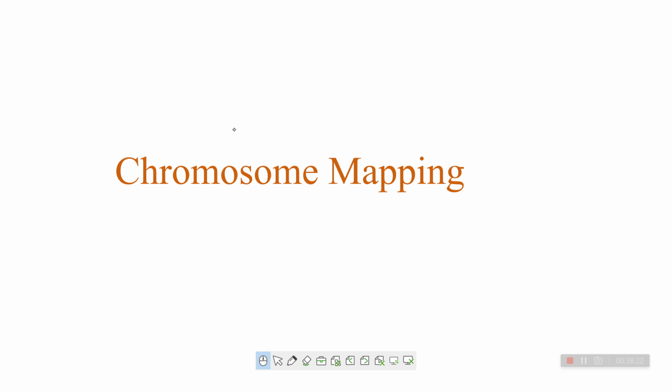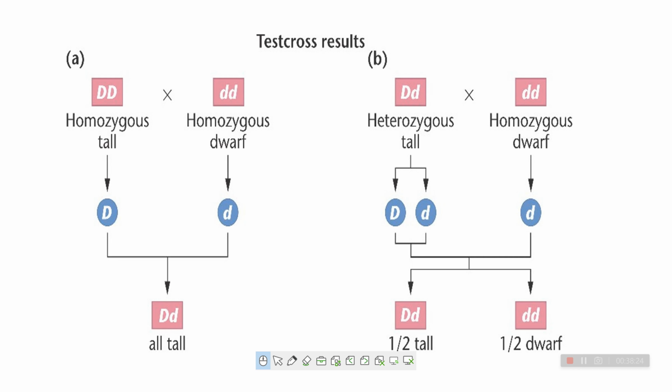This is a homozygous tall, this is a homozygous tall, this is homozygous dwarf. When we cross these, the heterozygous tall will be formed. You want to determine the genotype of this tall. What happens? We cross the heterozygous tall with homozygous dwarf.